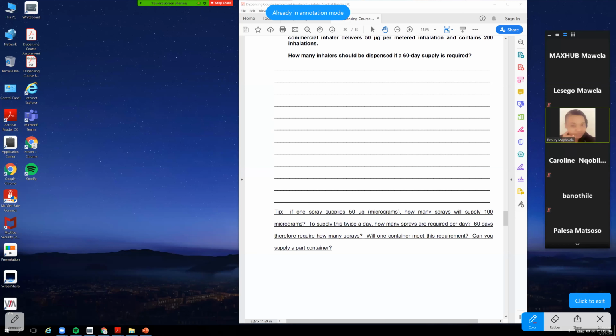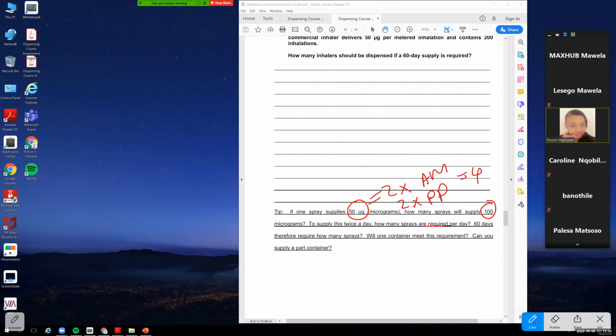Remember, the spray gives you 50. The patient requires 100. So it will be 2 sprays in the morning, and another 2 sprays at night. So per day, it's like 4 sprays.